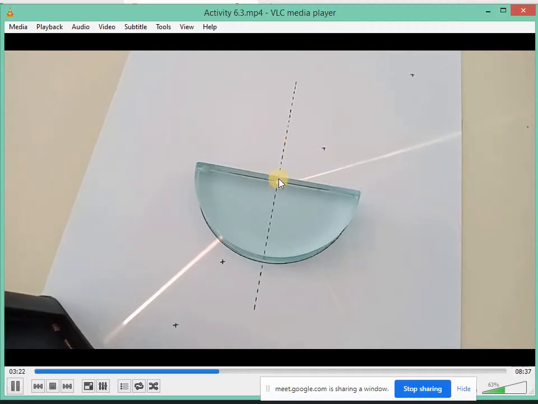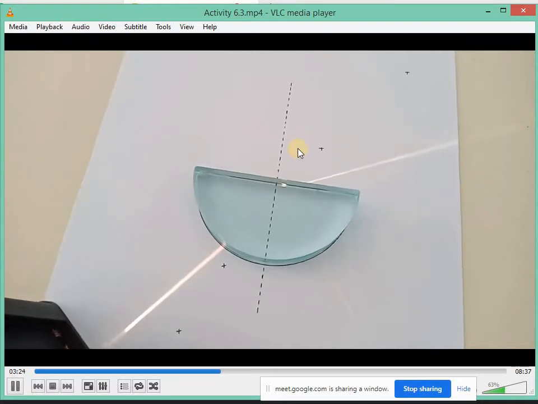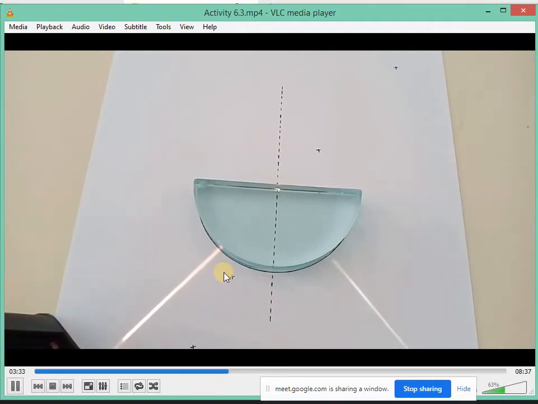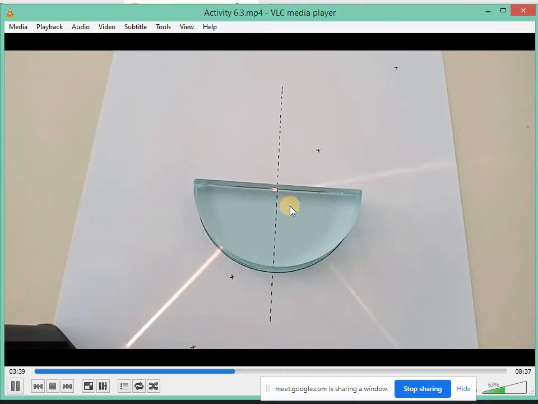You can see that the refracted angle increases faster, while the incident angle increases slower. And then this reflected ray becomes stronger and stronger.